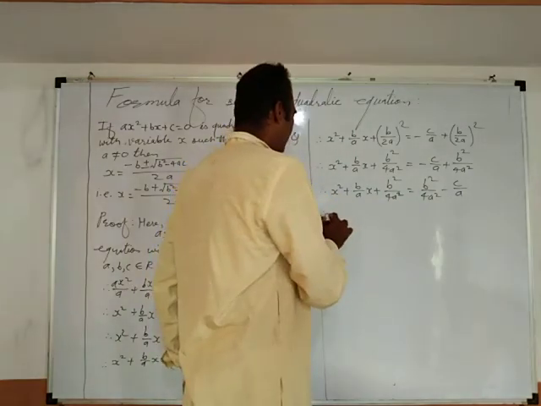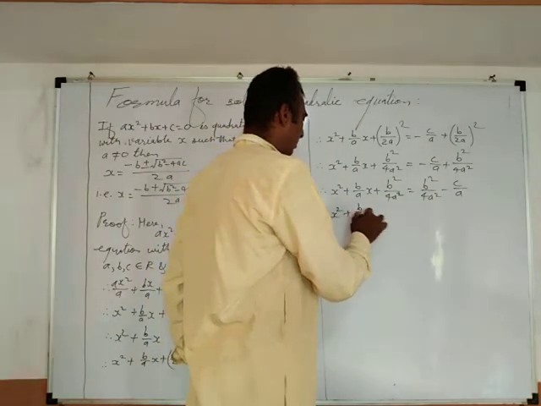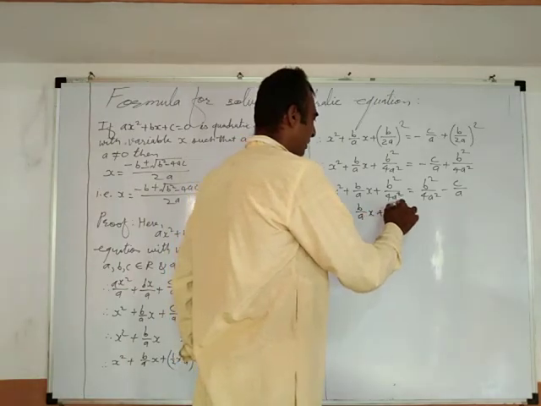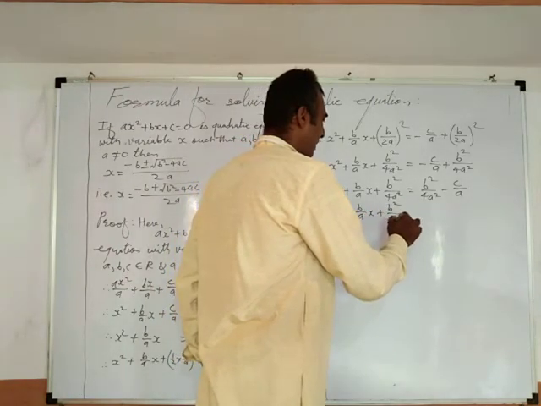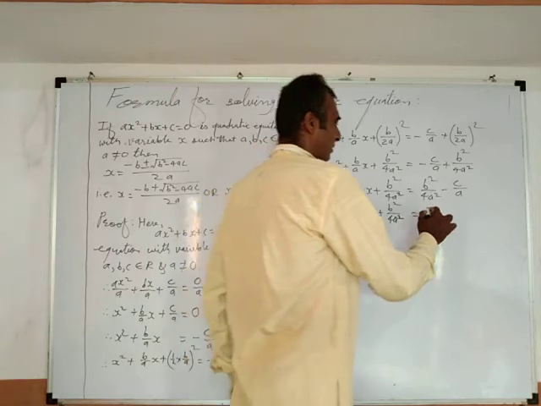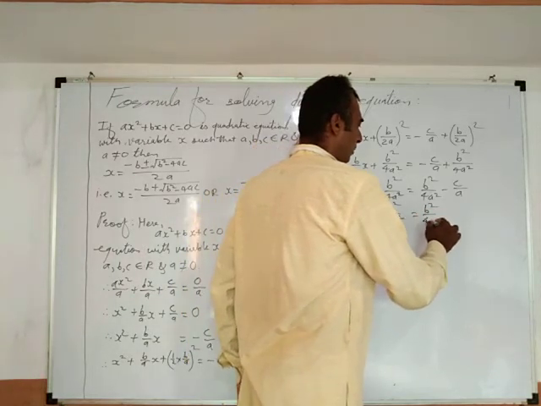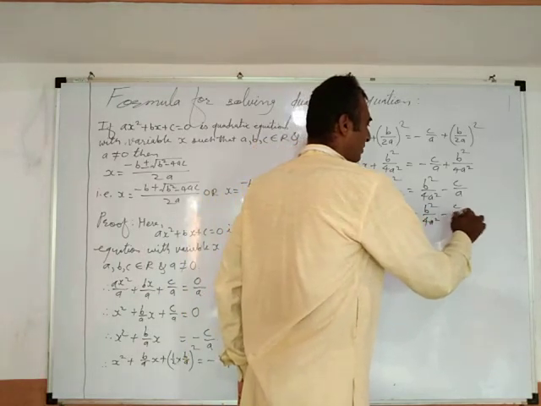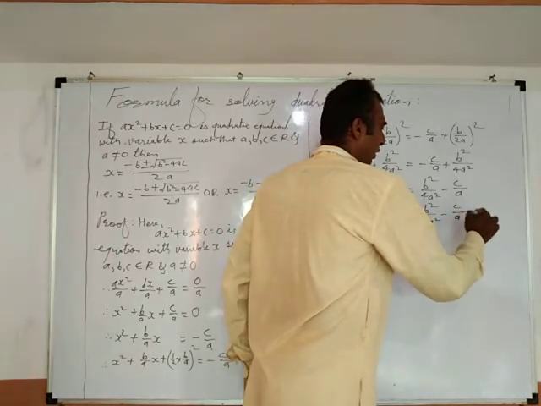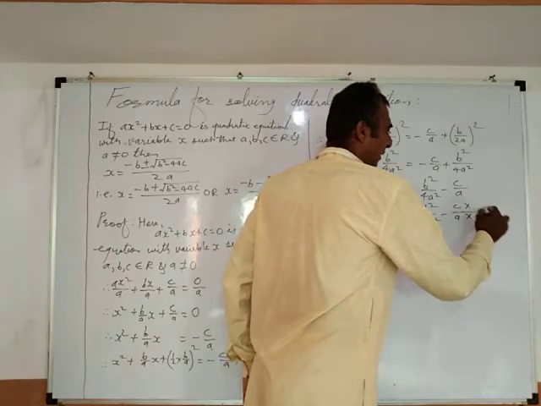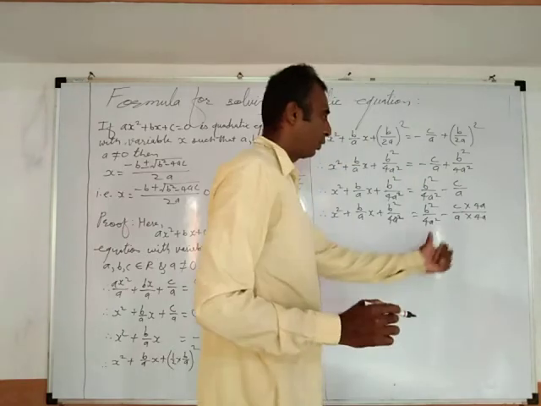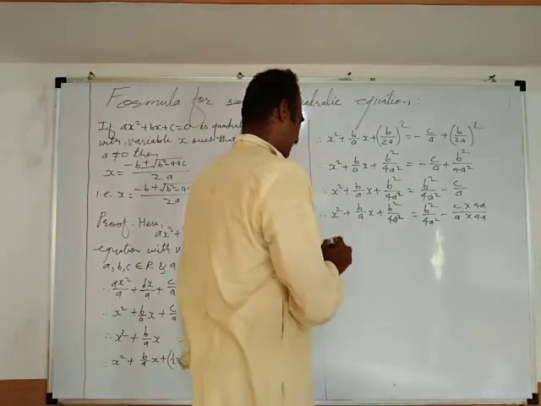Therefore, it becomes x square plus b by a x plus b square upon 4a square equals b square upon 4a square minus c upon a. Denominator and numerator must be multiplied by 4a to equalize their denominators.